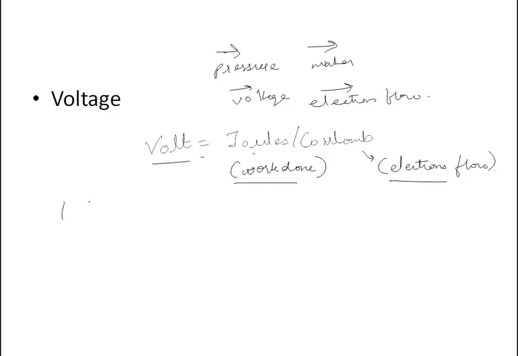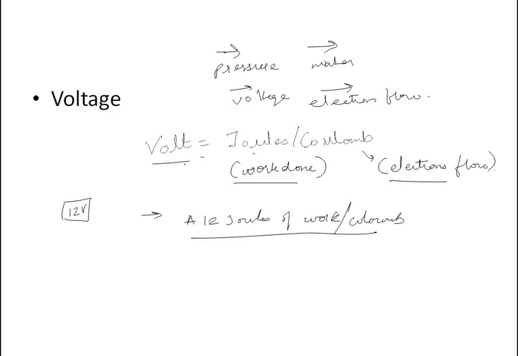So suppose a 12-volt battery is there, we can say 12 joules of work per coulomb. Okay, understood what voltage is? Voltage is the pressure applied to the electrons to give them force or direction.